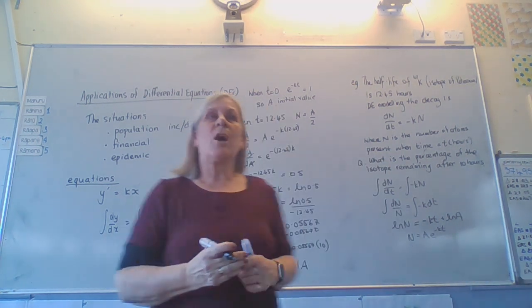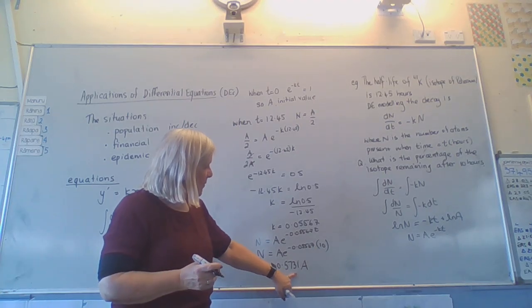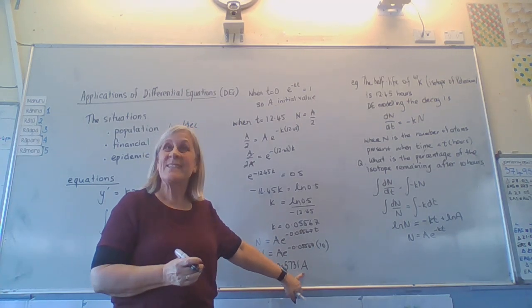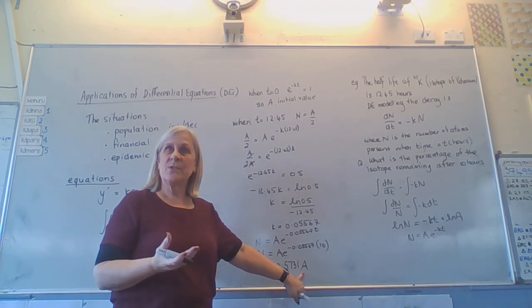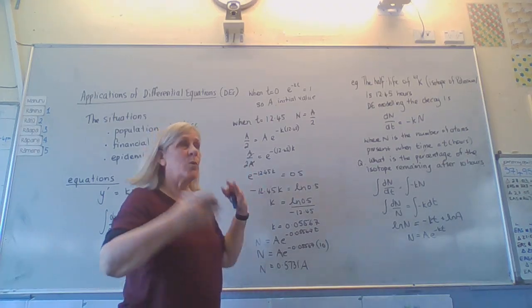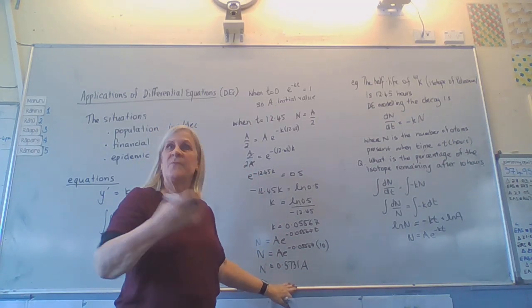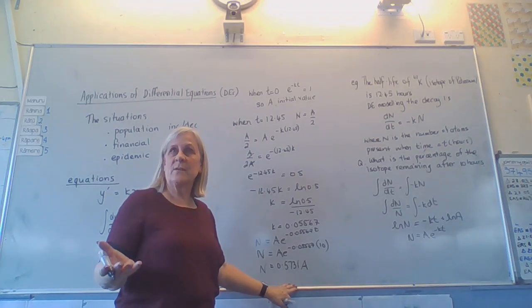All right, so it equals 57.31% of the original amount is remaining. All right? We don't know what the original amount is. We're suggesting it's 100%. So if it's 100%, then 57% is what is remaining.